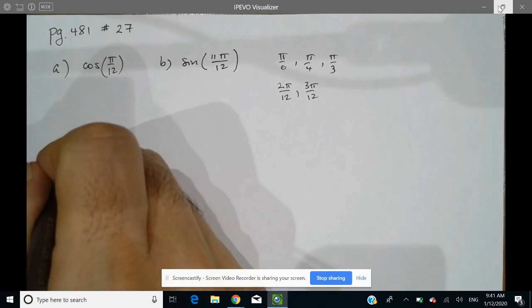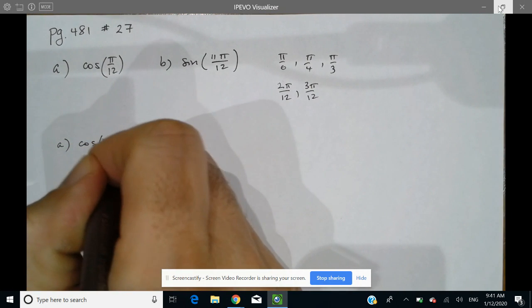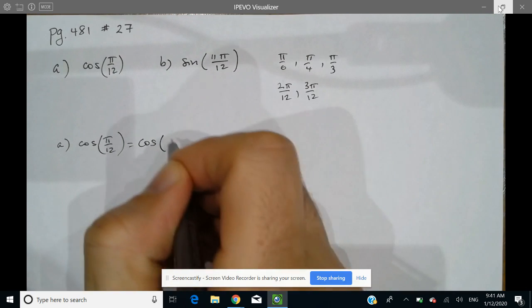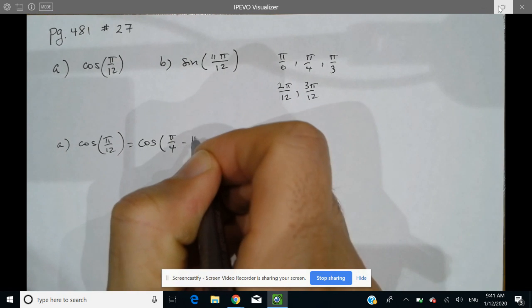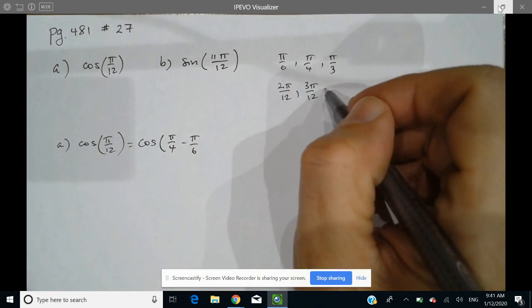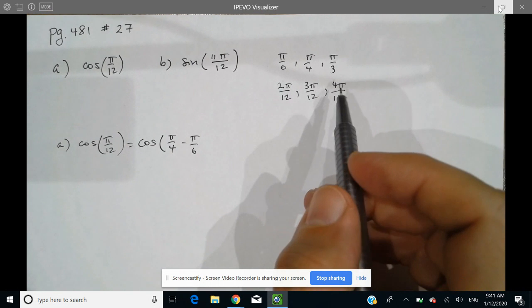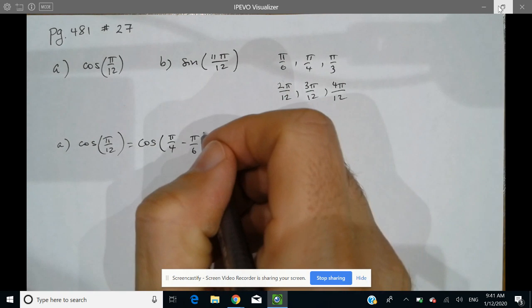So for A, we can rewrite this angle, pi over 12, so this will become the cosine of, like we said, pi over 4 minus pi over 6. Now, if you go to the next one, which is 4 pi over 12 for pi over 3, we see that we could have also written it as 4 pi over 12 minus 3 pi over 12. So we've got different possibilities here.